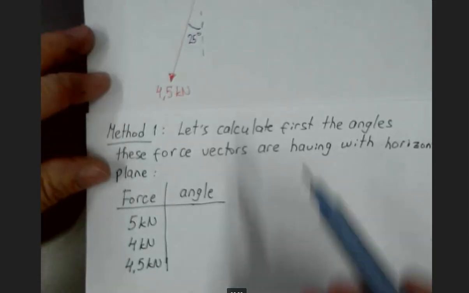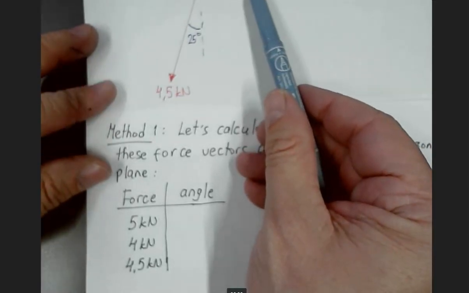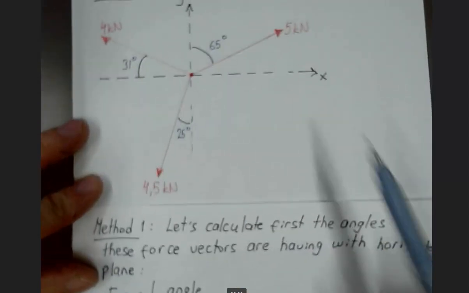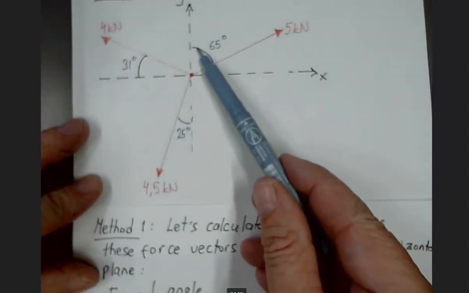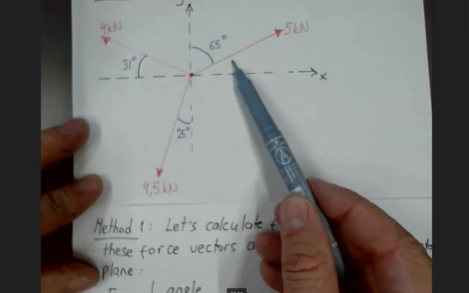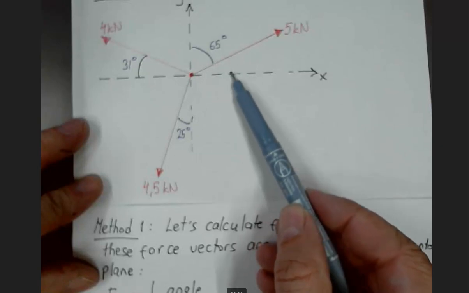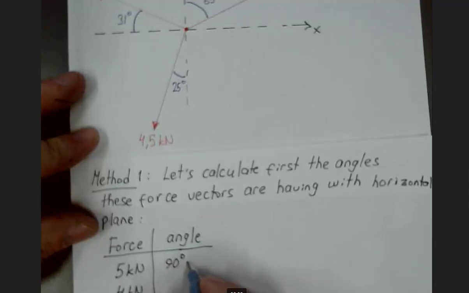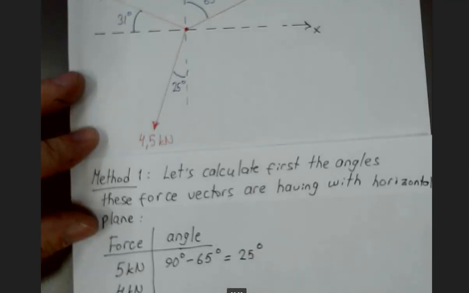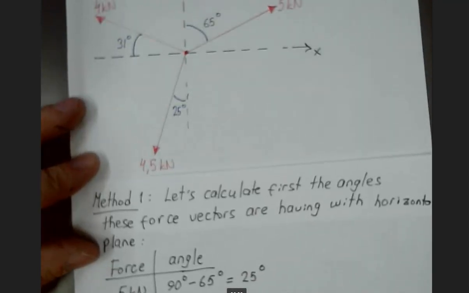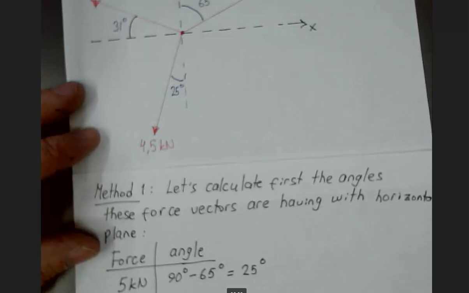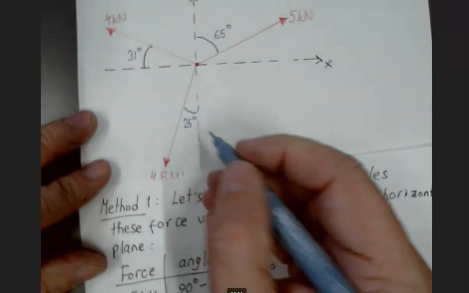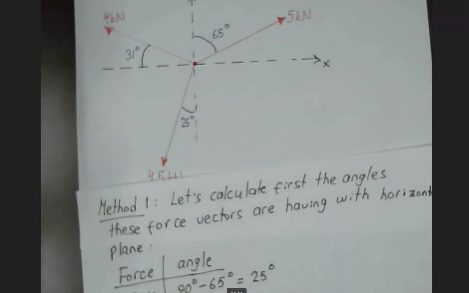Then in this case the 5 kilonewton force, this angle is 65 degrees, so this angle will be 90 minus 65 degrees, and that is 25 degrees. I hate that in my example right now.